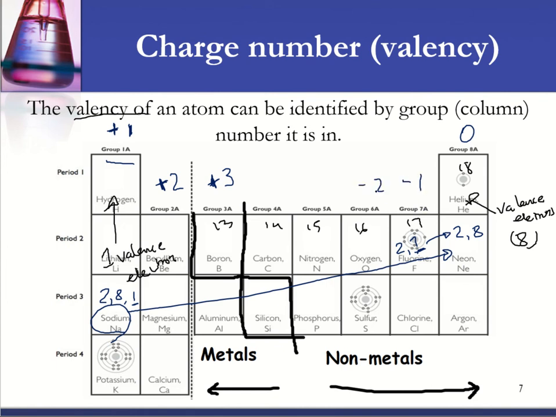Group 6 is -2. Group 5 is -3. Group 4, I think someone asked before, what does carbon or silicon do? It can do either. It can gain or it can lose. So that's what we mean by charge number and valency there. That should help you quite a bit with the question.